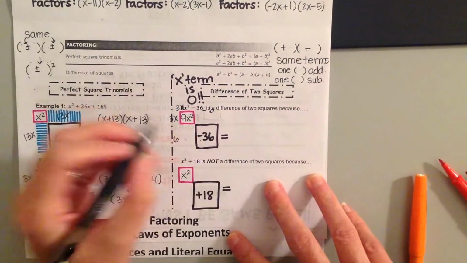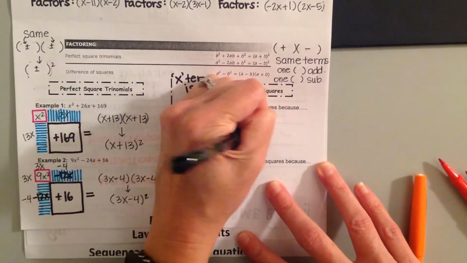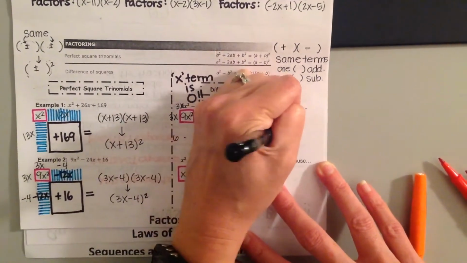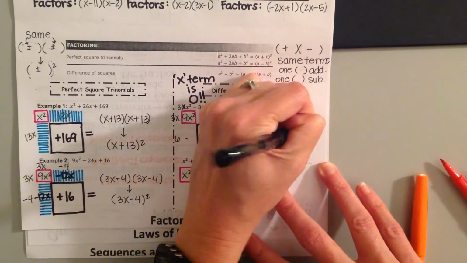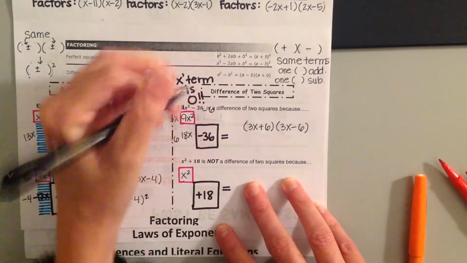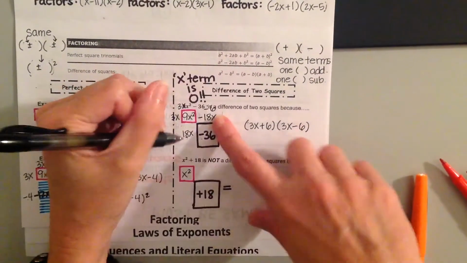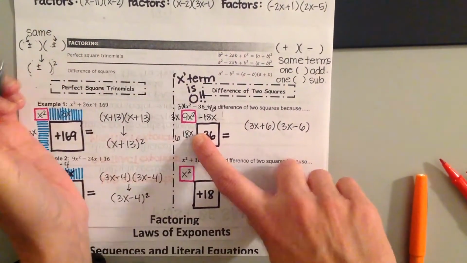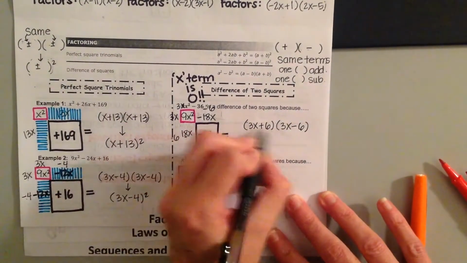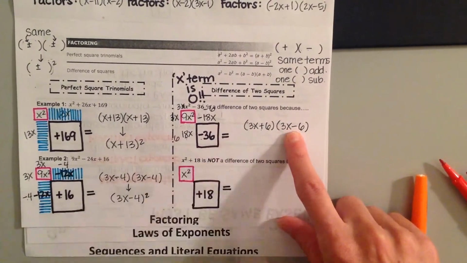So if you notice, here I have 3x plus 6, and then on the other side I have 3x minus 6, because 3x times 6 would be 18x, negative 6 times 3x would be a negative 18x, and when I add those together, I get how many x's? 0. Okay, so you can see 3x, 3x, 6 and 6, but one's addition, one's subtraction.